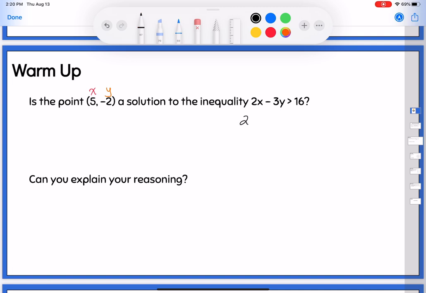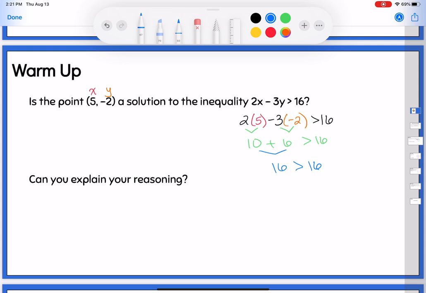So I have 2 times 5 minus 3 times -2 is greater than 16. Let's see, 2 times 5 would give me 10. -3 times -2 gives me +6, greater than 16. 10 plus 6 would be 16, is greater than 16.